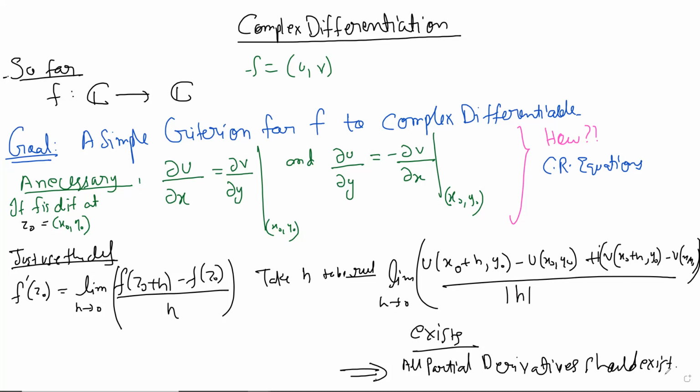The other thing which you would see is that if you just keep h arbitrary, and this is something I had said at some point in the past, don't make it purely real or purely imaginary, but still separate the real and the imaginary parts, you would get that u and v must be real differentiable.